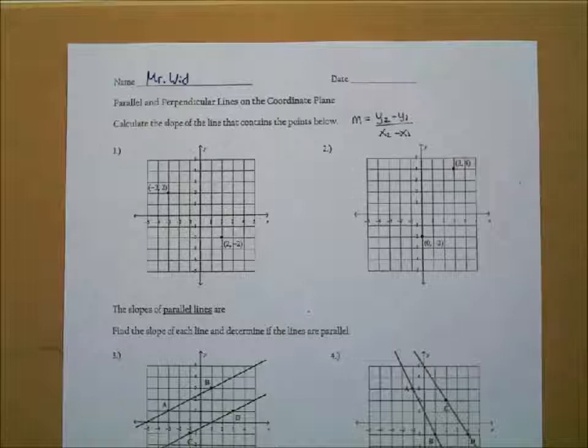Remember, it's the difference, so it would be -2 minus 4, which would give you a -6 there. So just do these slopes real quick here.